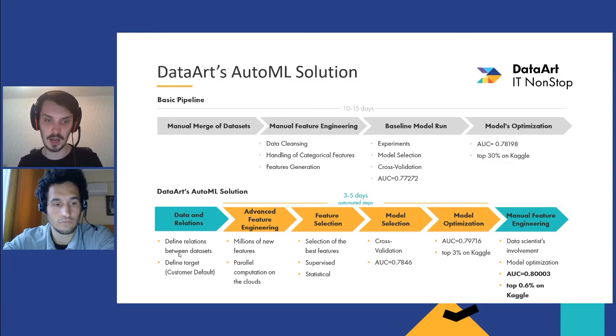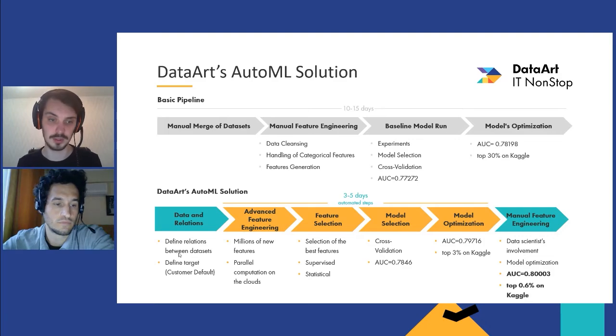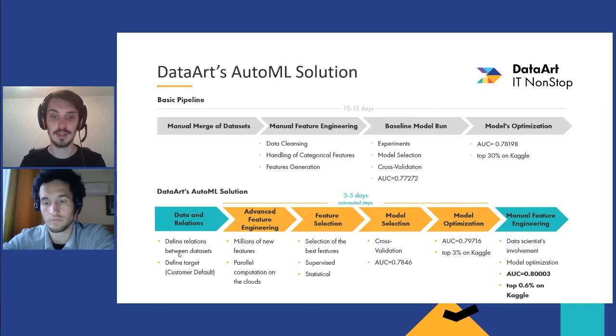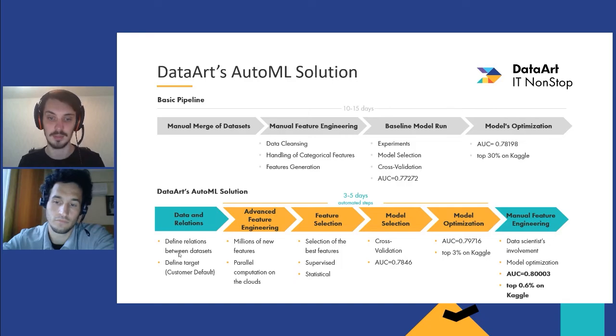Then we run our fully automated pipeline that has an advanced feature engineering step, which is the most important here in our pipeline. It generates millions of new features in parallel on any cloud, on premise, or again, any cloud. It does feature selection, which selects the best features, and it can be supervised and statistical.